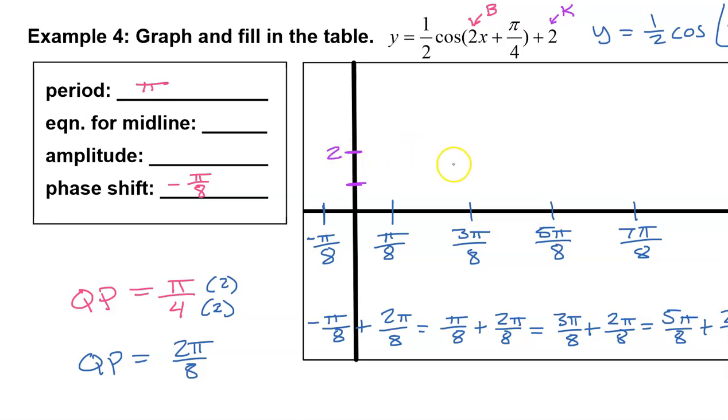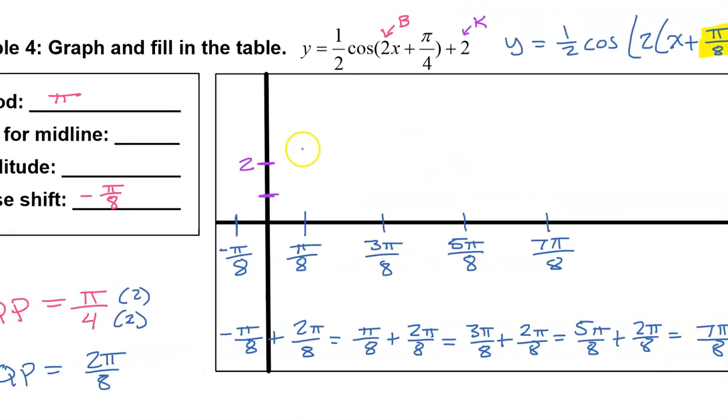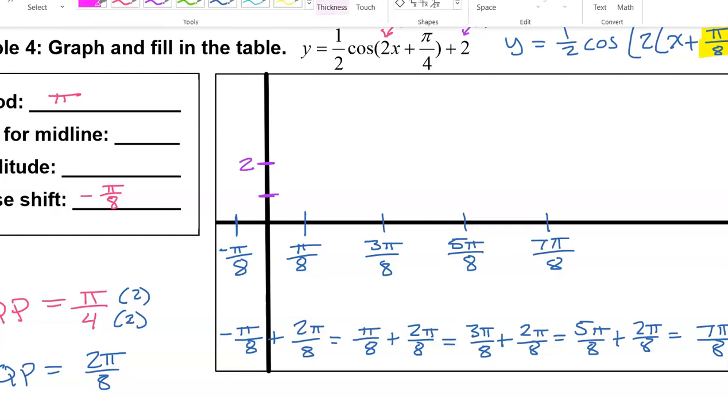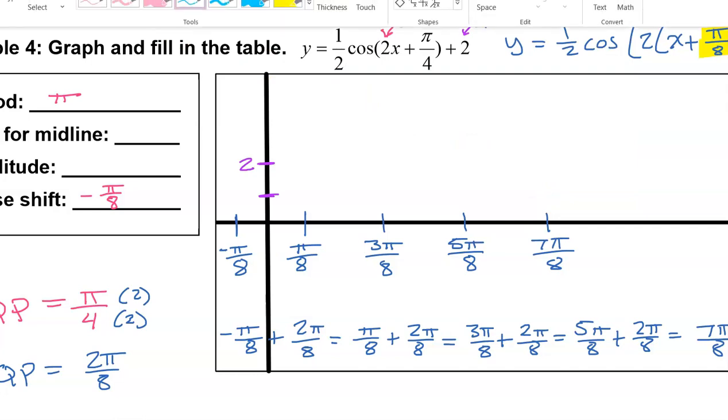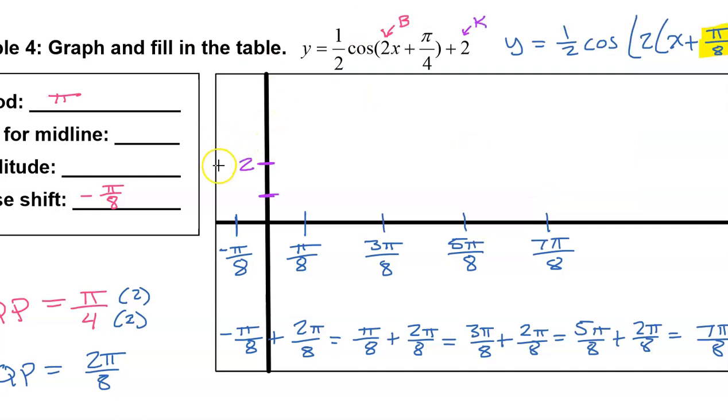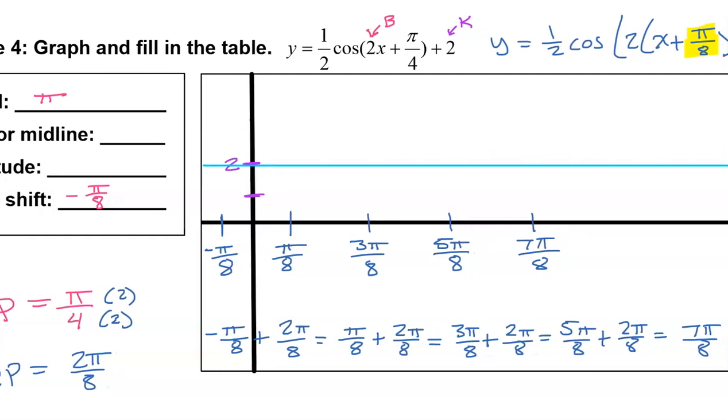That tells me the new midline. So let's go ahead and draw a horizontal line right here, because this is going to be my new midline. Because here is my vertical shift. Okay, so I've got this new midline.